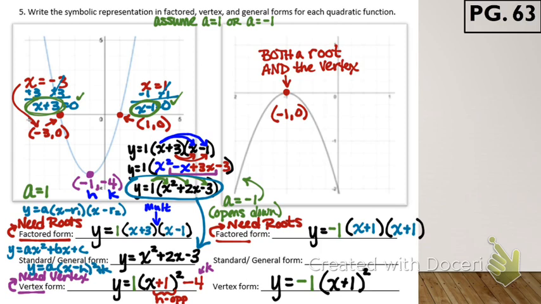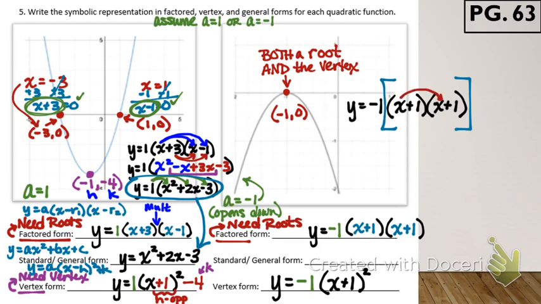I need my standard form, my general form. I'm going to use the factored form to demonstrate this. We'll practice with the vertex form here in just a minute. I have the negative 1 here. I have x plus 1. And I have another x plus 1. I'm going to focus just on these pieces right here, and I'm going to double distribute.